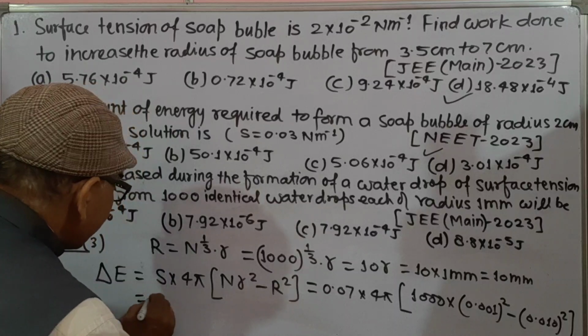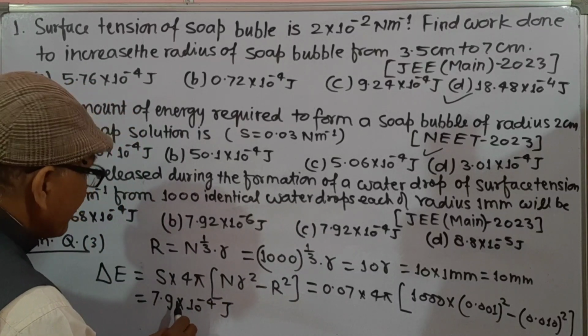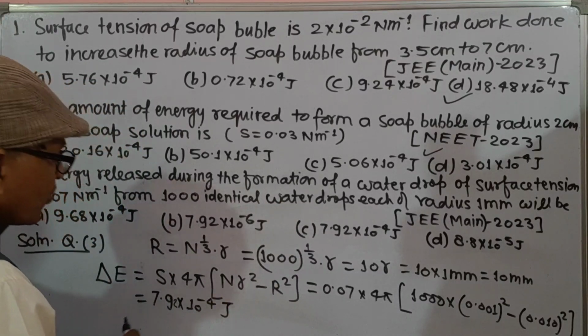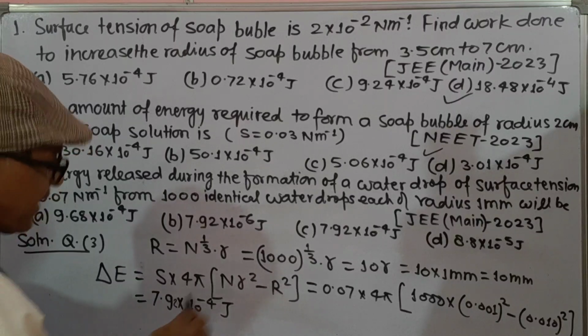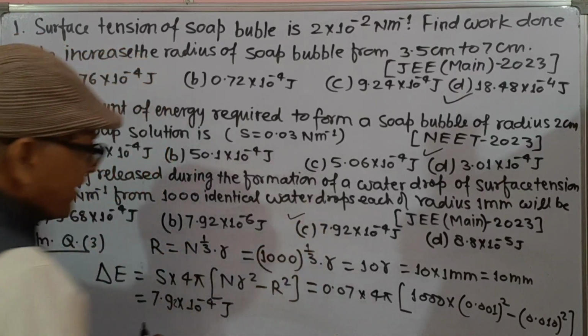On simplification it gives 7.92 into 10 to minus 4 joules. Therefore, the correct option is C.